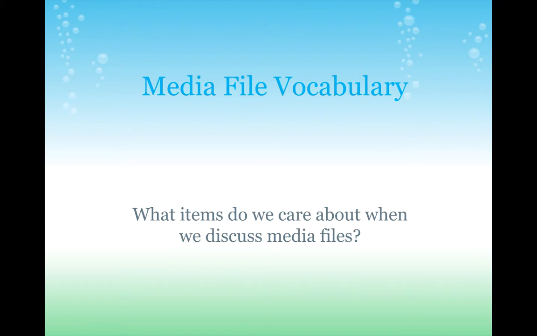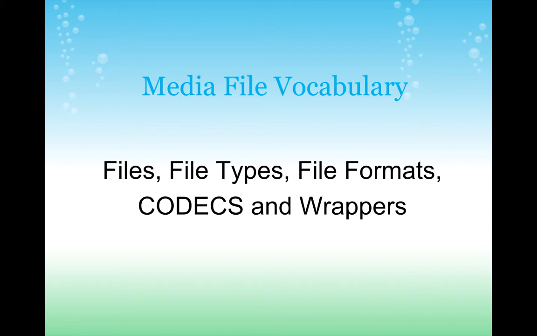Want to know what items we care about? Well, we care about the file's type, its format, its codec, its wrapper. Right? So digital media gets encoded and decoded. So we want to know what codec was used to encode that media so that we can decode it.